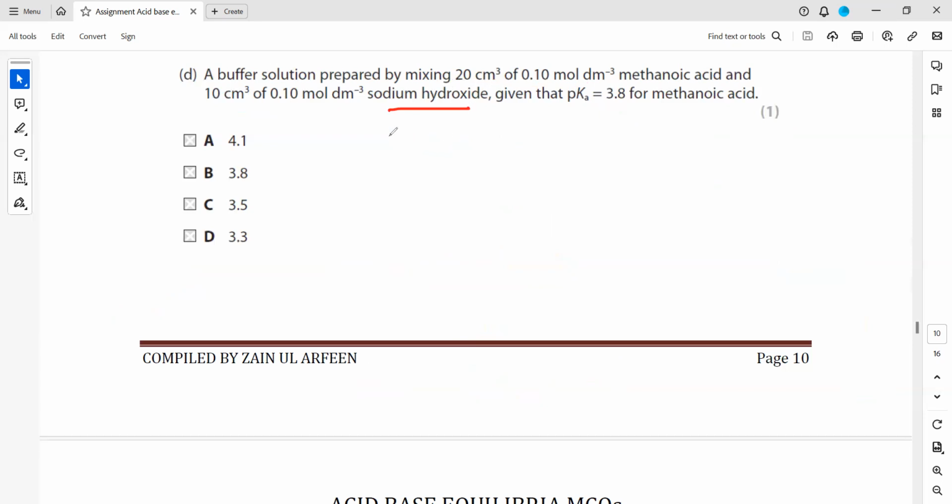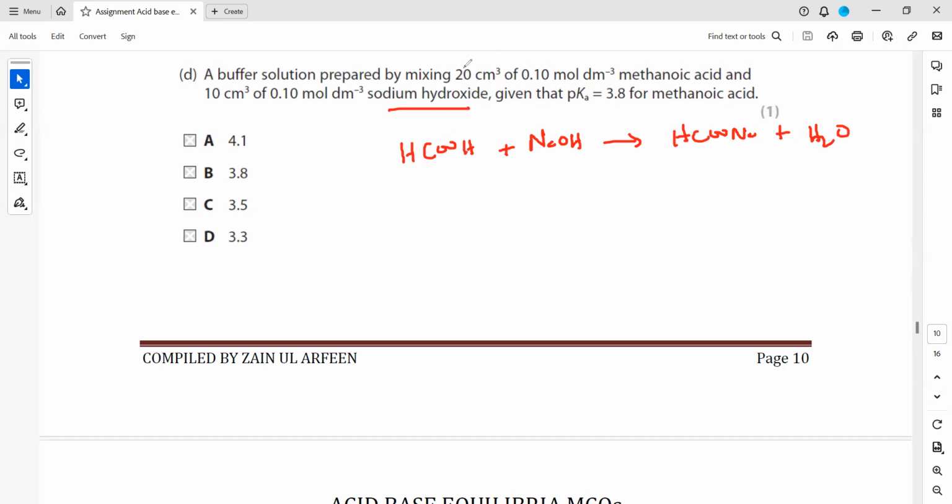So what is a buffer solution? A solution which has a weak acid and its salt, or a weak base and its salt. So when methanoic acid reacts with sodium hydroxide, it will form sodium methanoate plus water. So the ratio between them is 1:1.